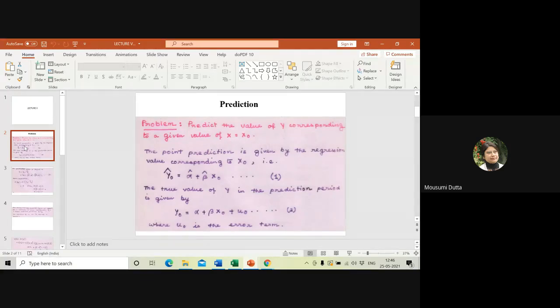Okay. So the main difference between the prediction and the standard regression analysis is here, for a given series of values of X, we have to find out the Y. Given X is equal to X naught, given these factors, what will be the pattern of Y? So that we need to find out.